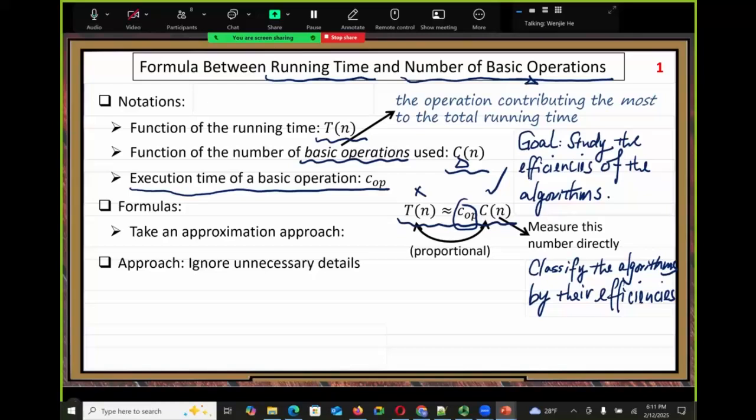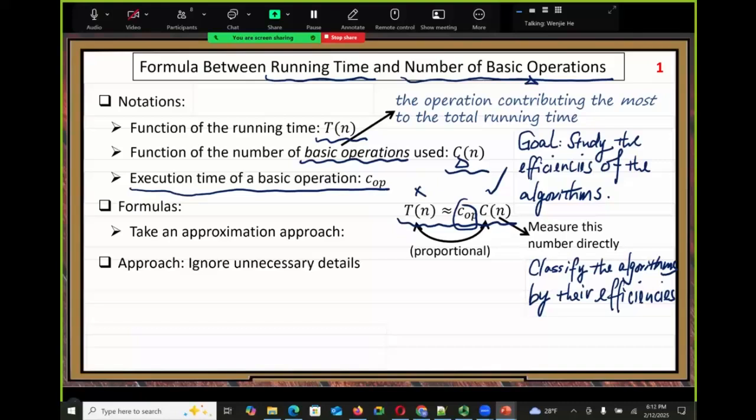So we want to organize all the algorithms out there. One important work people need to do is classify the algorithms by their efficiencies, putting appropriate categories.